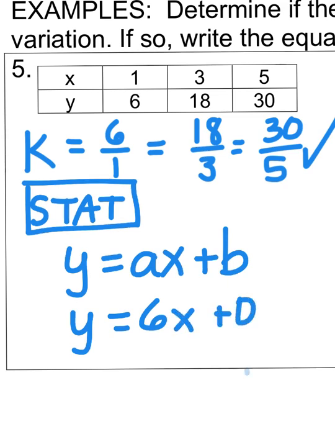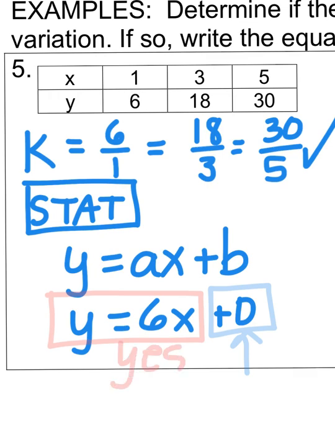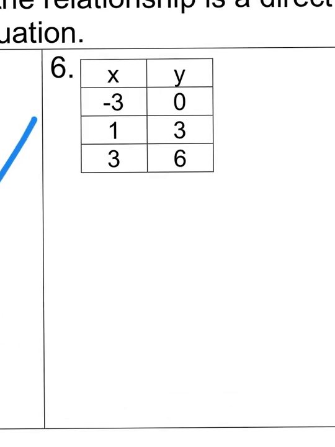If it has a 0 for the b, then it is a direct variation. And so after using your stat function, you can see the equation of this line is y equals 6x, and yes, it is proportional.